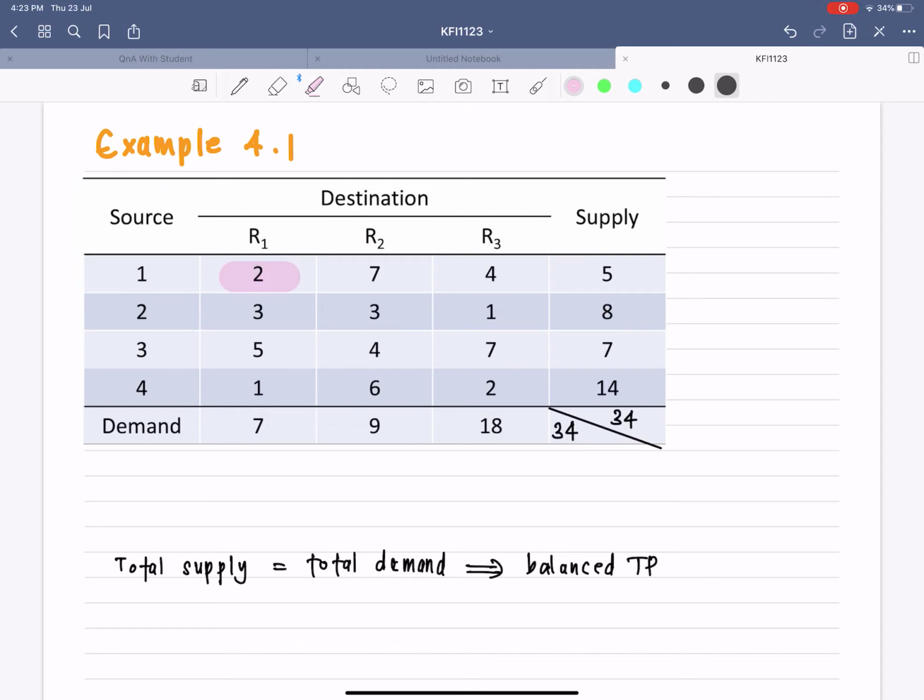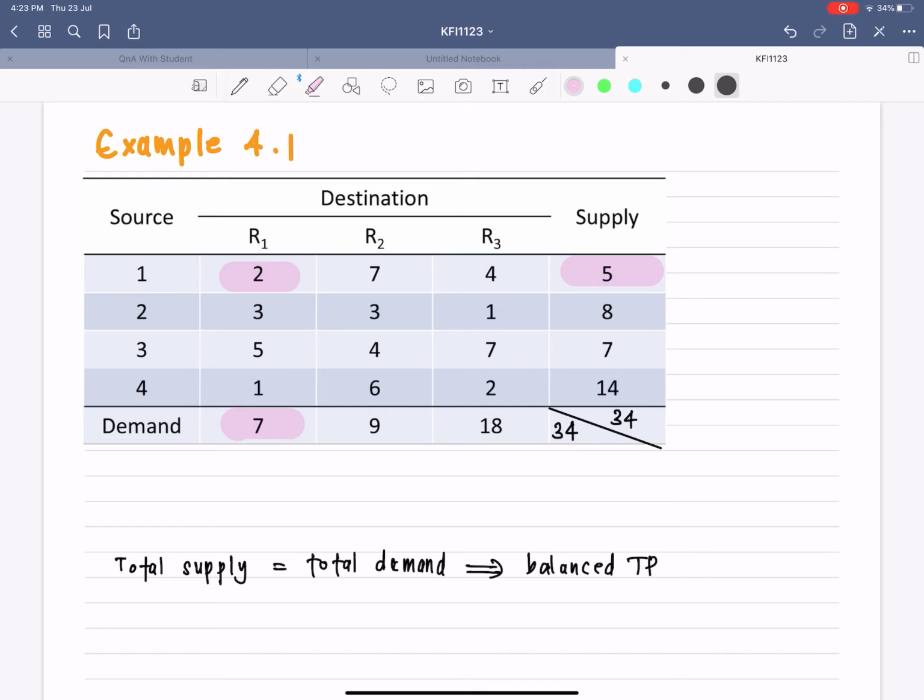Because we are considering this cell, you have to look at the demand value for this column and the supply value for this row. So 5 and 7, which one is less?